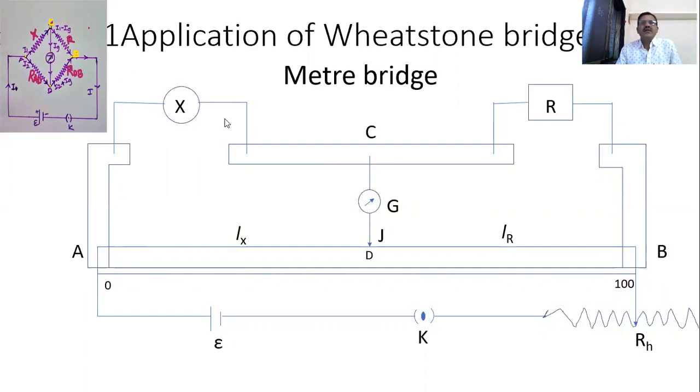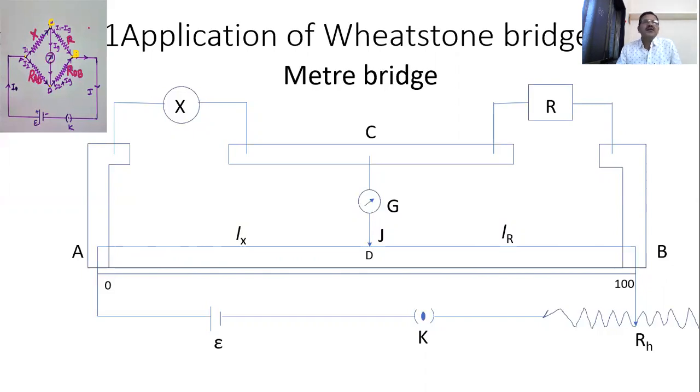Here, there are only two resistances and two parts of the wire, that is, this part AD and this part DB of the wire will be two resistances. So this meter bridge is the modification of Wheatstone bridge.